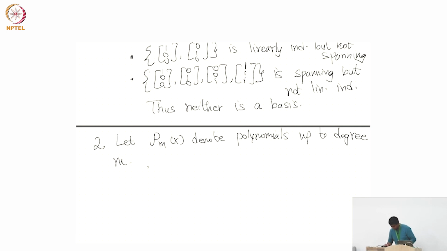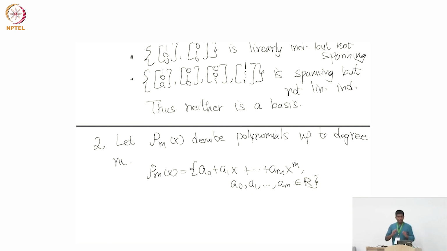Pm(x) is going to be things like a0 plus a1x and so on, as an example.